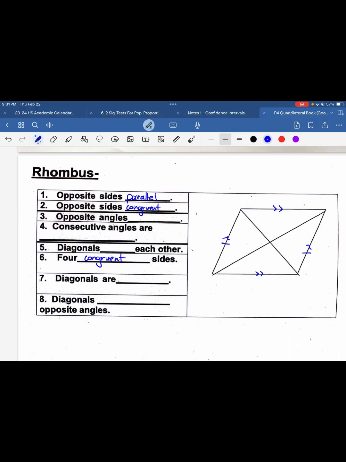We also know that opposite angles in a parallelogram are congruent. Consecutive angles are supplementary. And that the diagonals bisect each other.